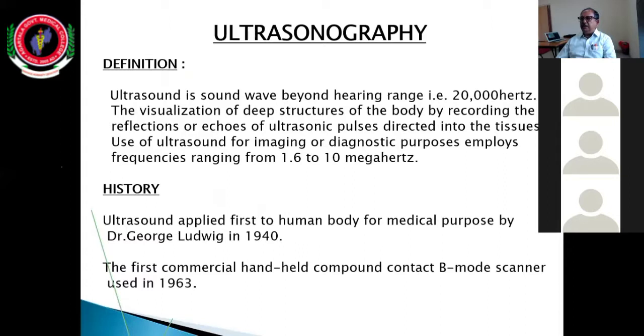Beyond this hearing range, it is called ultrasound, which was first discovered in 1940 by George Ledick. He first applied it in the human body for medical purposes. And the first commercial handheld compound B-mode scanner was introduced in 1963.